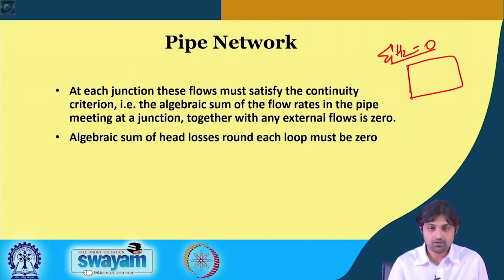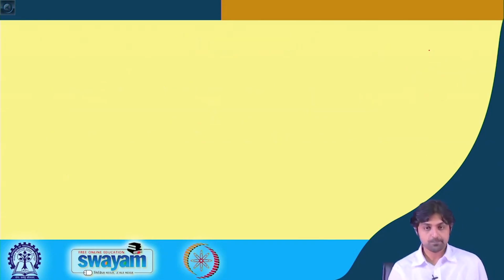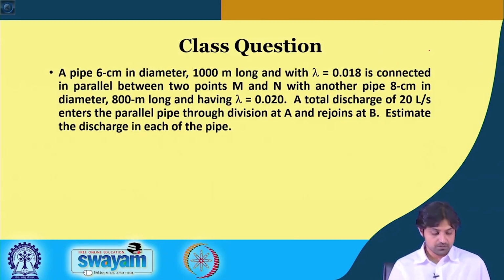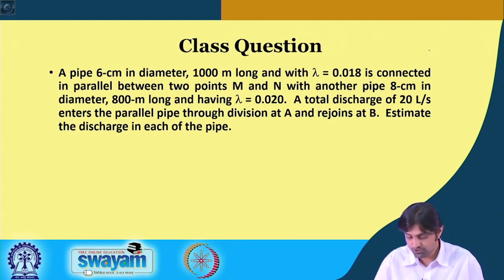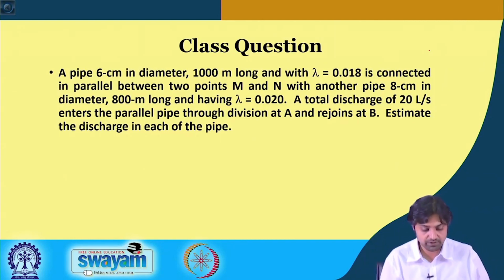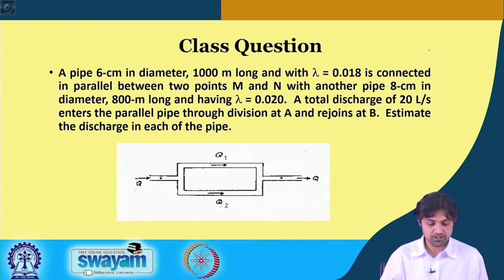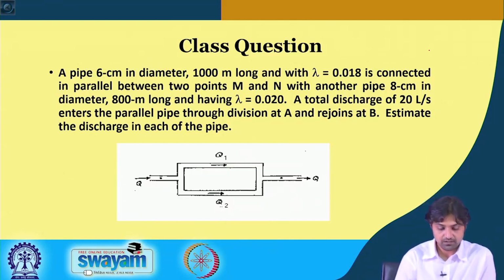All right. So, with a simple continuity equation, we are going to solve one class question. The question is: a pipe 6 centimeter in diameter and 1000 meter long, with lambda equal to 0.018, is connected in parallel.